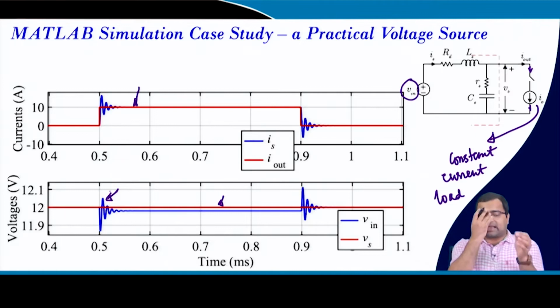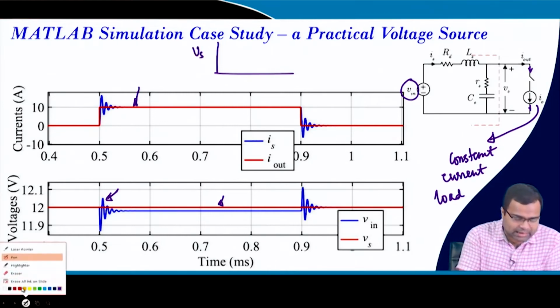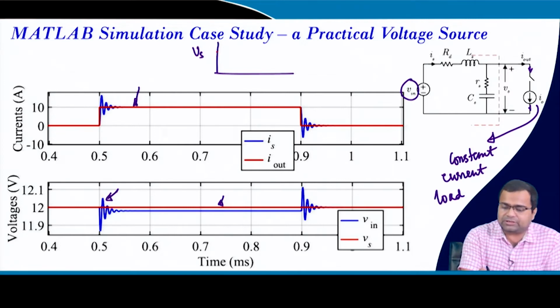So, this is what is accessible, because if we take a laboratory power supply and look at its waveform, our Vs is the power supply, and we want to see what happens. Suppose we do not draw any current from it, then it will be flat, but if suddenly you apply a transient current, there will be some overshoot effect.